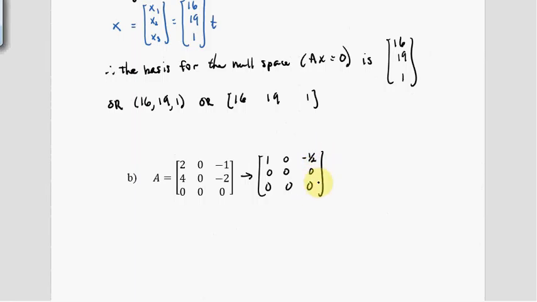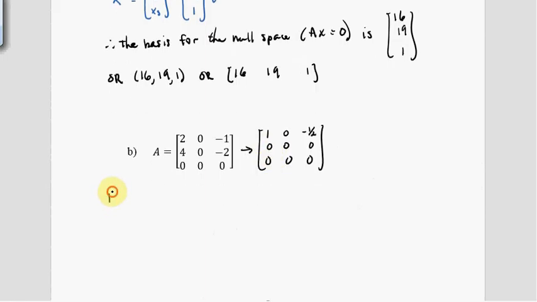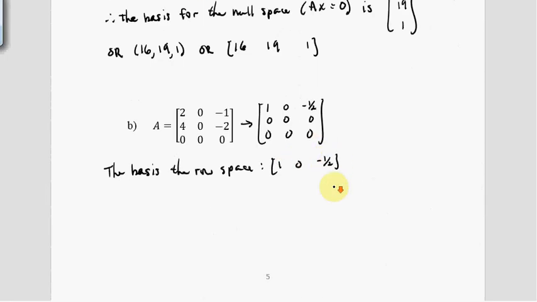So the basis for the row space is just only the first row, because that's the only row with a leading 1. Now we find the basis for the null space.